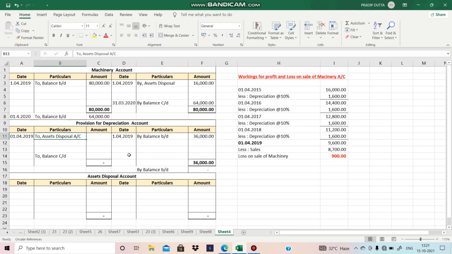whose cost is 16,000? We can start from here: 1,600 plus here also 1,600 plus here also 1,600 plus here also 1,600. So the 6,400 is the total depreciation of such machines whose cost was rupees 16,000. From 15 to 16, 17, 18, 19, the four-year depreciation is 6,400.